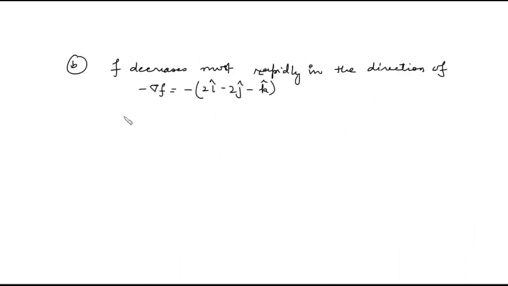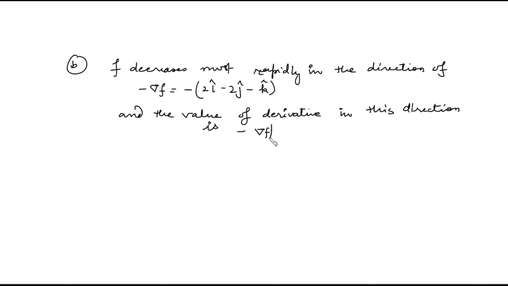So in the direction of this, and the value of the derivative in this direction is minus of mod of del f, which is minus of the square root of 4 plus 4 plus 1, so minus 3. So in this way we can find out the value of the derivative in a particular direction, and we can find out the directions in which the function increases and decreases most rapidly at some point.